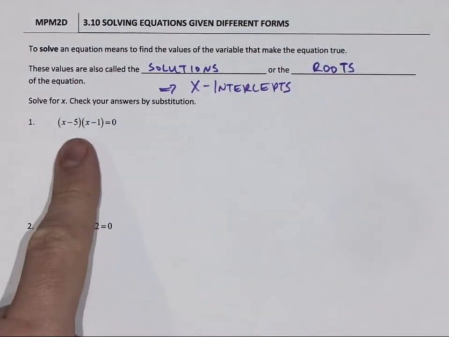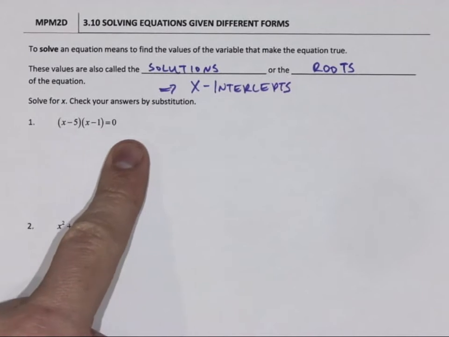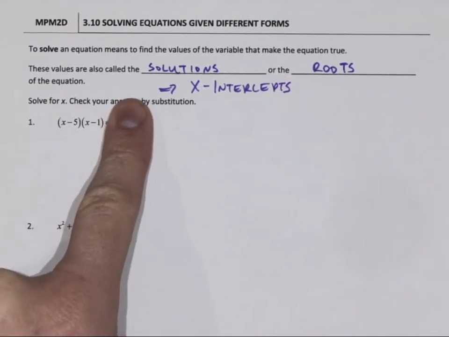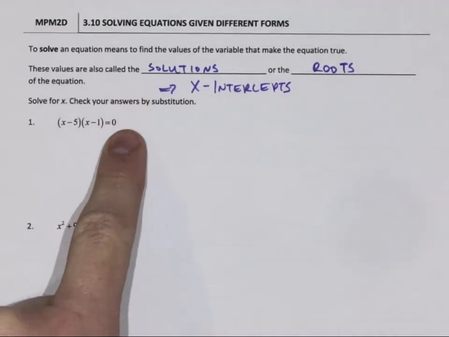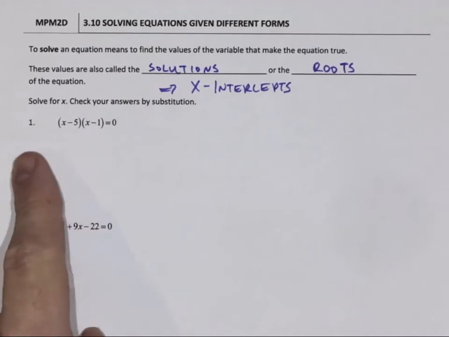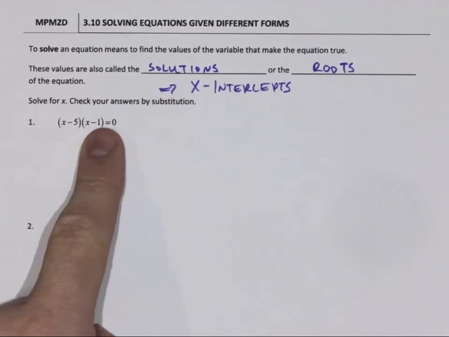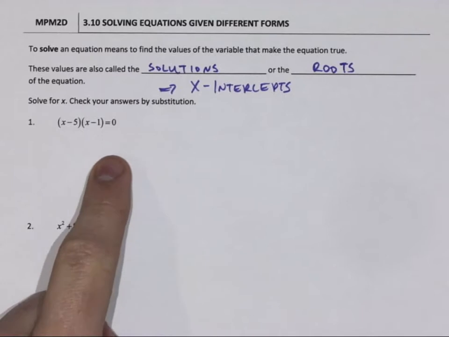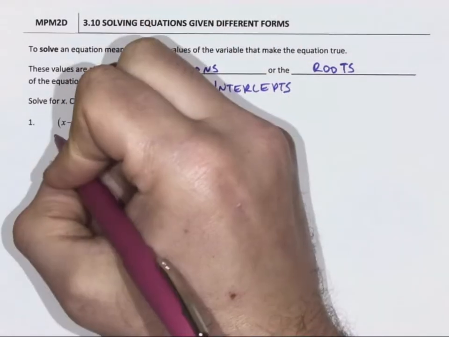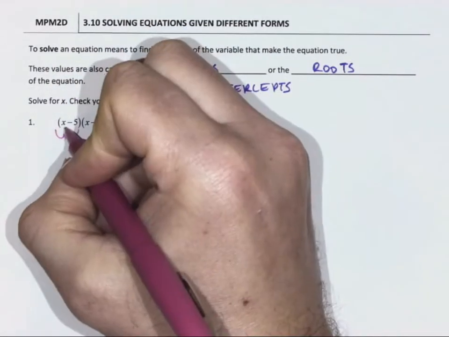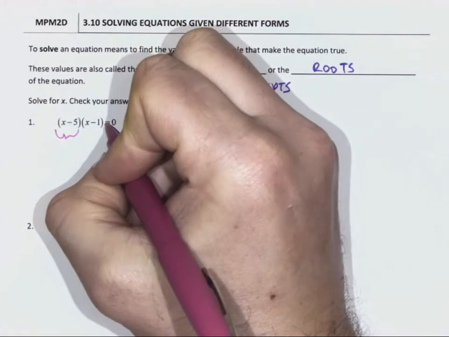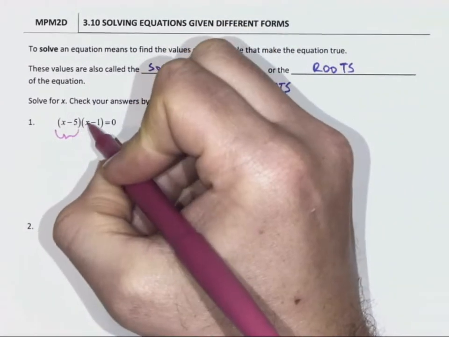So we already remember that if we see a quadratic in factored form, y equals, we set y equal to 0, so that's why there's a 0 there. We need to figure out what values of x would make this true. For each one of these, we can either have 0 times a number equals 0, or a number times 0.